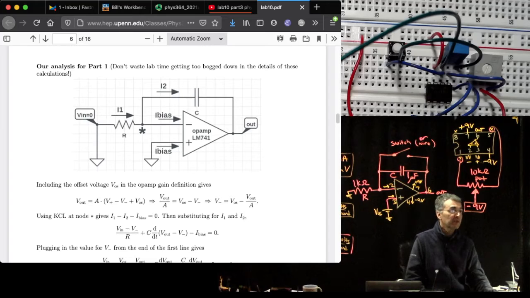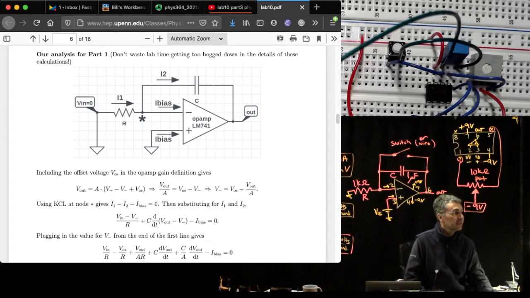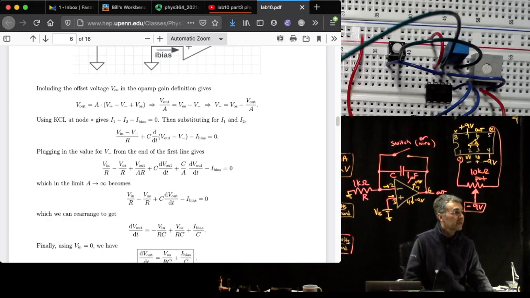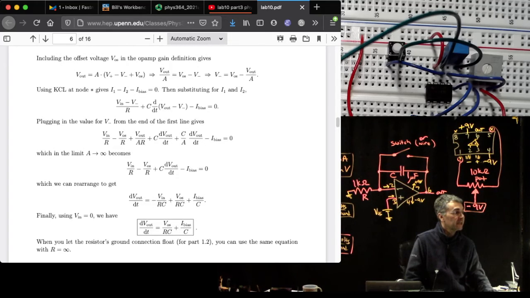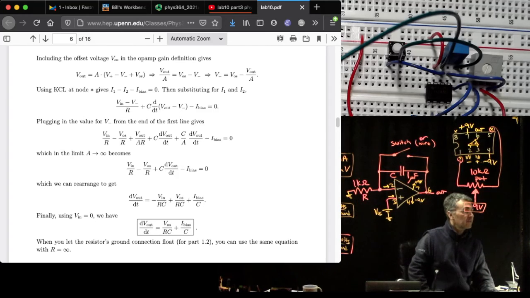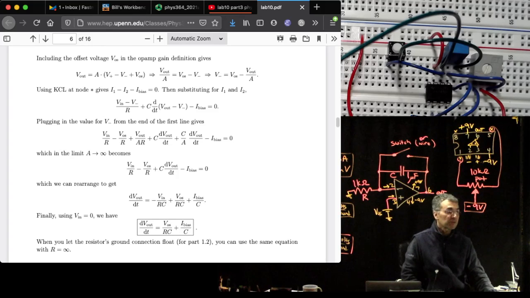I put in I bias, and then the offset, and I work out the rate of change: dV out dt is V offset over RC plus I bias over C. And again, if you let the resistor's ground connection float, like where we unplugged this, it's basically like setting R to infinity, so then you only have the I bias over C term.